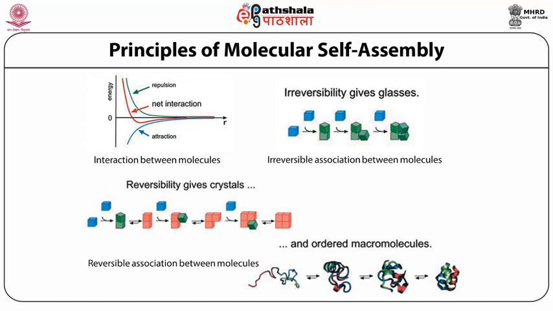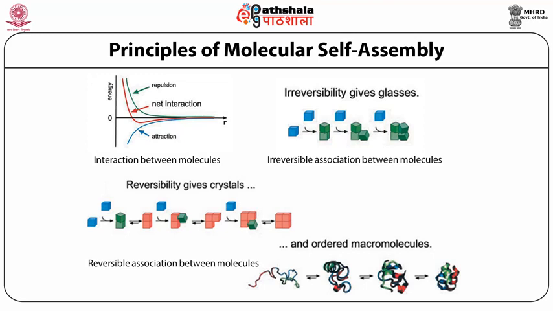Principles of molecular self-assembly. The first figure over here shows the interaction between the molecules, which may be repulsive interaction and attractive interaction. The net interaction is shown by the red curve.